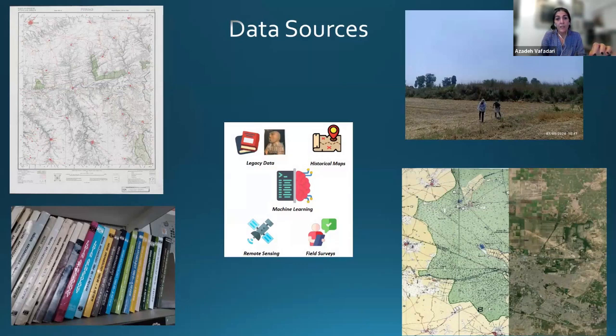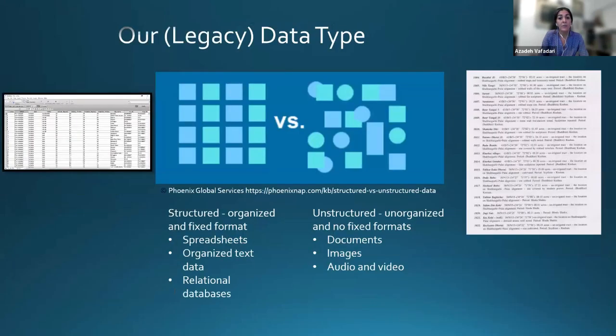So we're recording those mounds and any features from the maps that can have any heritage or archaeological value, and then we add those to our database as well. And also we have the new data coming from field survey. So we're doing field survey both with the aim of ground validating the part of the data set that we want to ground truth, and also for the new sites coming from this fieldwork as well.